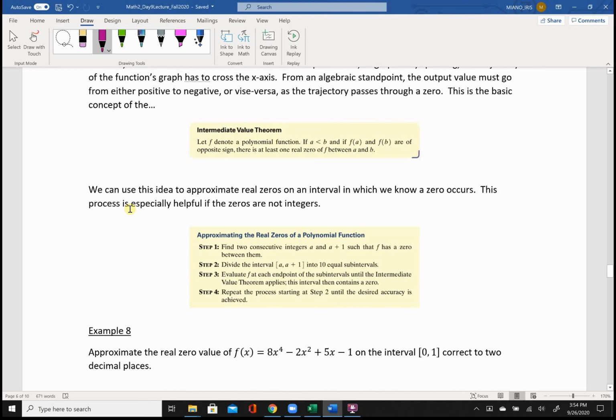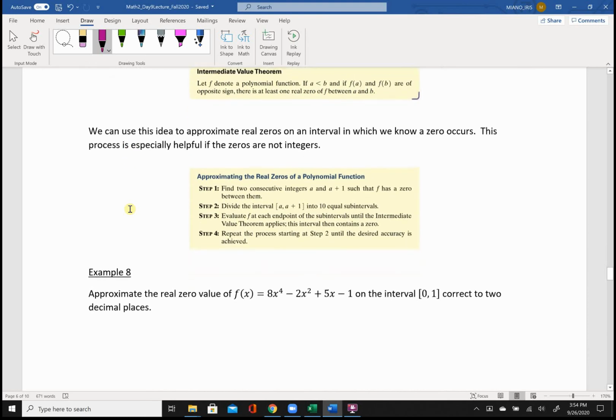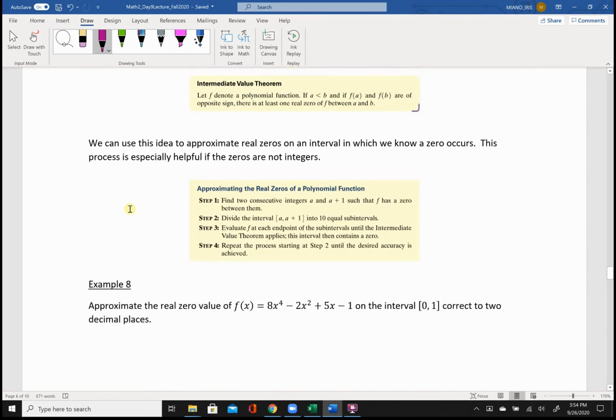Okay, so one thing we can do for fun, it's actually a little bit tedious, but it's something that we're going to need to practice, is we can go about this process of using the intermediate value theorem to approximate real zeros, particularly decimal, non-integer real zeros, of a polynomial function.